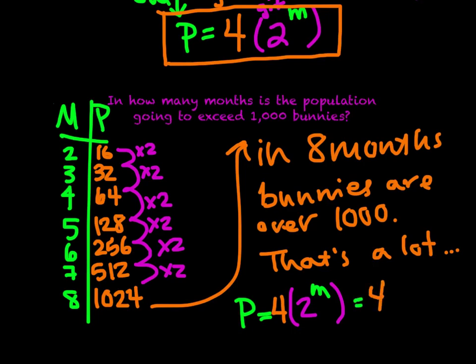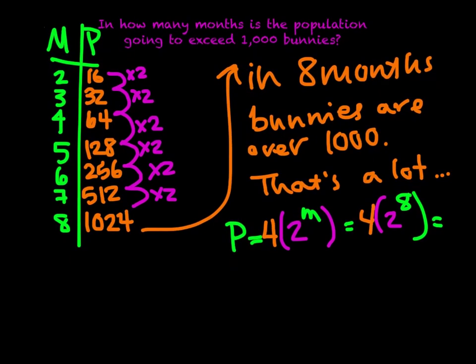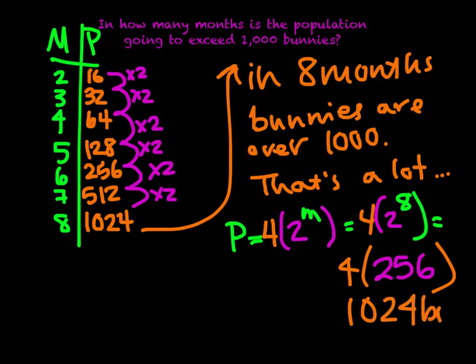So we have 4 times 2 to the 8th power. 2 to the 8th power, if we were to do that, let me put it in my calculator. 2 raised to the 8th power gets us 256, and we have to do a little bit more math, so we're going to multiply this by 4. 256 times 4. I'm not subtracting 4, so I'm multiplying by 4. Sorry, my calculator can't deal with my fat fingers, and we get 1,024 bunnies.